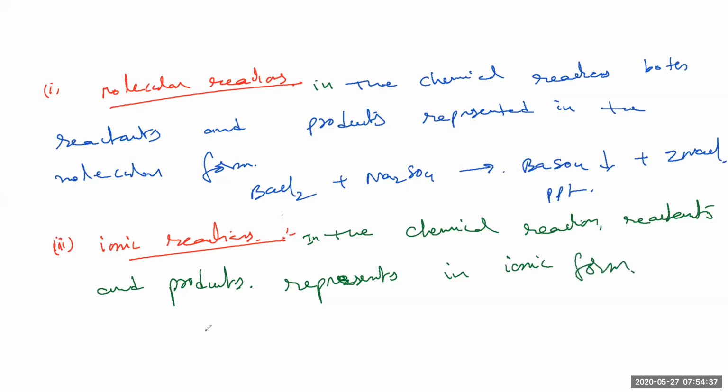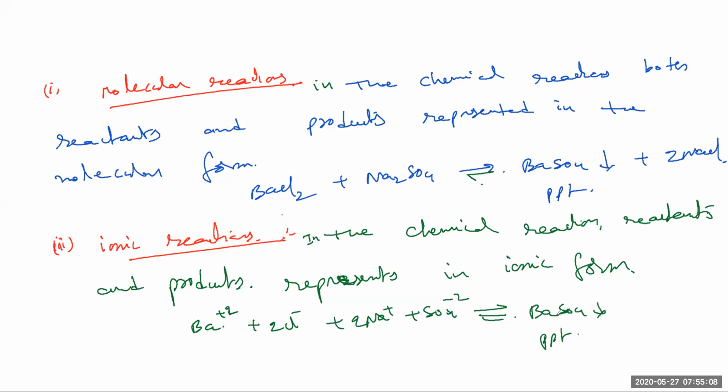Take the same example above. In ionic form it is Ba2+ plus 2Cl- plus 2Na+ plus SO4 2- gives rise to barium sulfate, which is a precipitate and is not ionizable, so you have to show it like that, as a solid, plus 2Na+ plus 2Cl-.